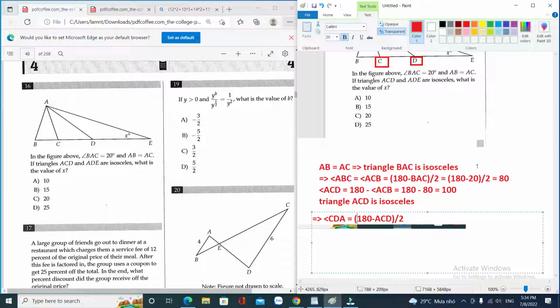So that's actually equal to CAD as well, but that doesn't matter, okay? So that's 180 minus ACD. ACD is 100, so that's over 2, so that's 40. Okay, so that's 40.